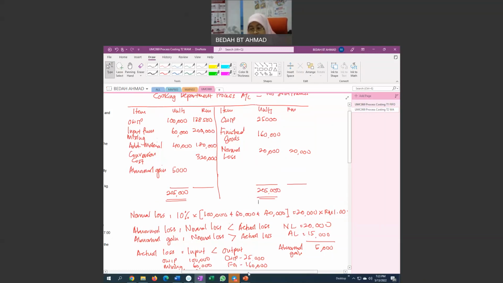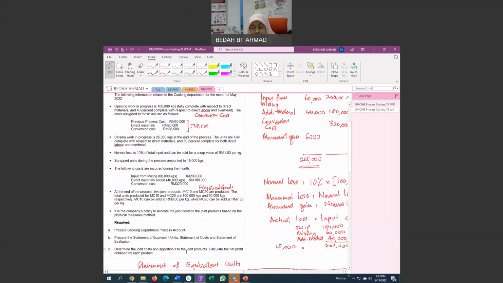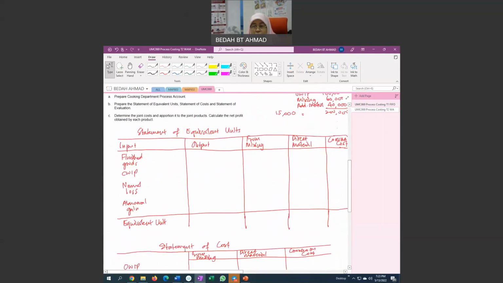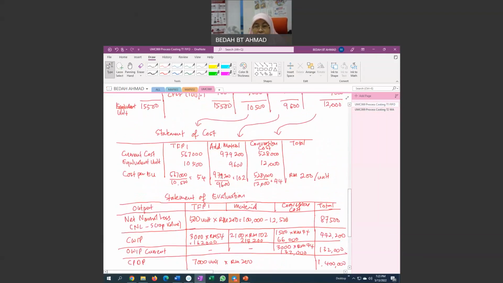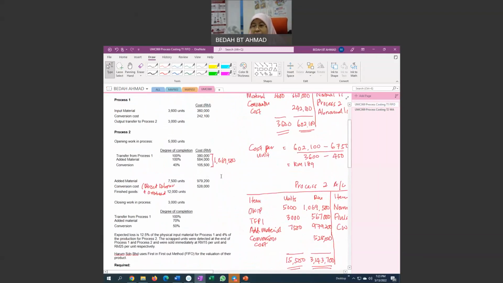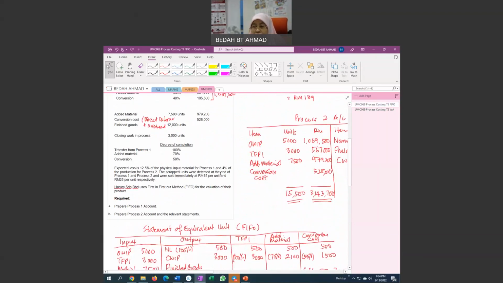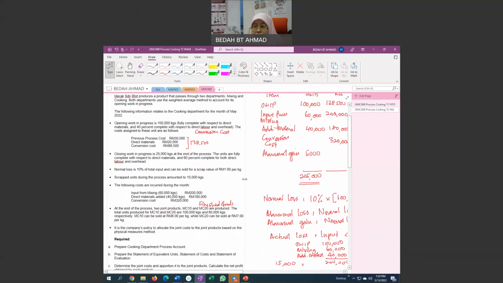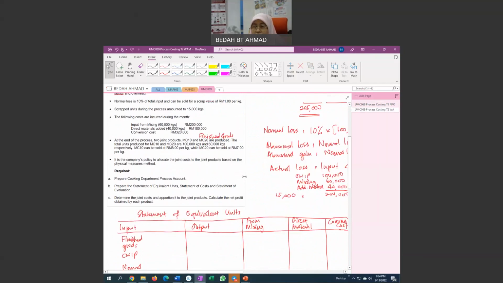Okay, so next, the crucial point here is to prepare all the statements. Now the input comes from the finished goods and closing work in progress. If you follow the previous one, the input is the units that we are having in the process, which is 100,000.